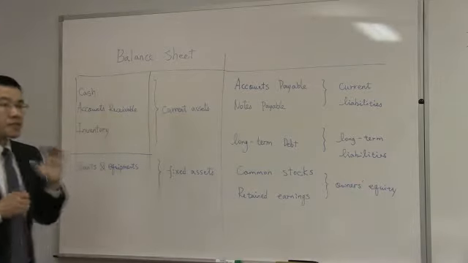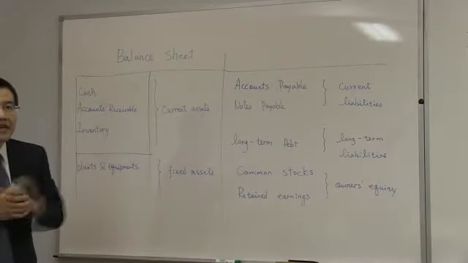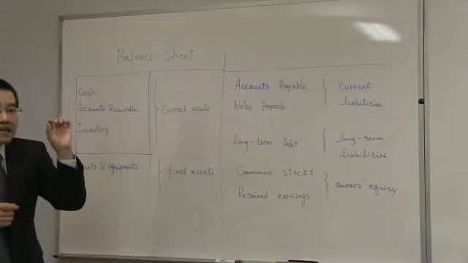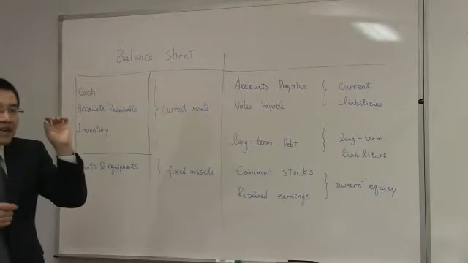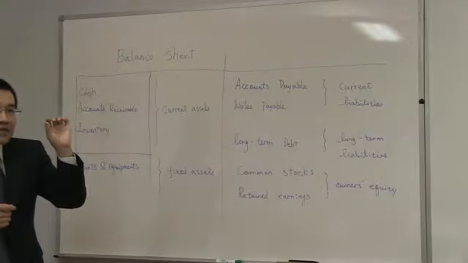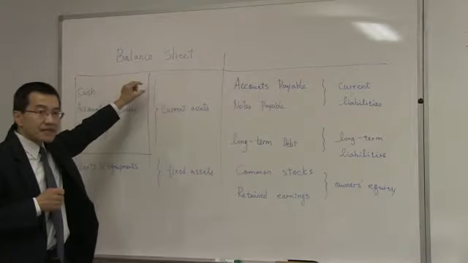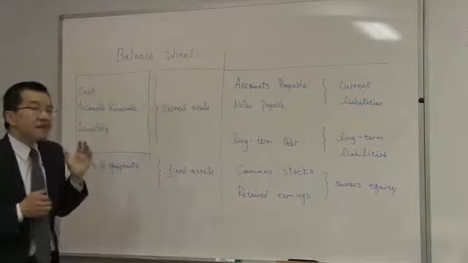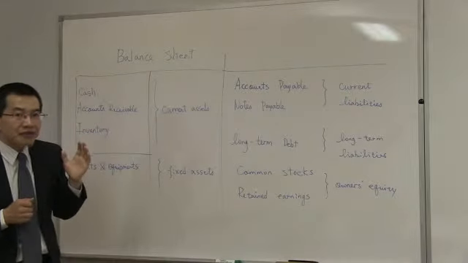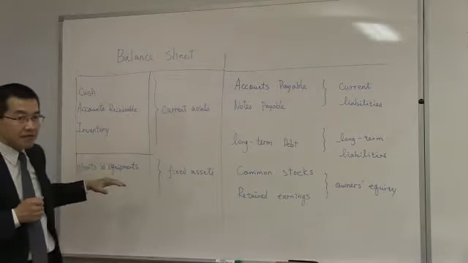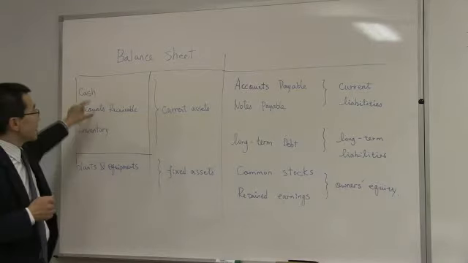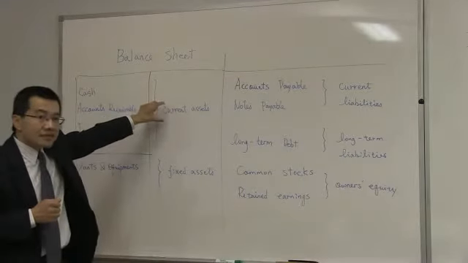For the assets, we base the order on their liquidity, that is, how easily they can be turned into cash. If they can easily be converted into cash, then we put them at the top of the assets list. If they are very hard to turn into cash, then we put them at the bottom of the assets list. Here, we have the current assets.